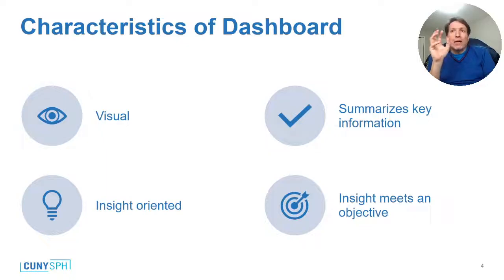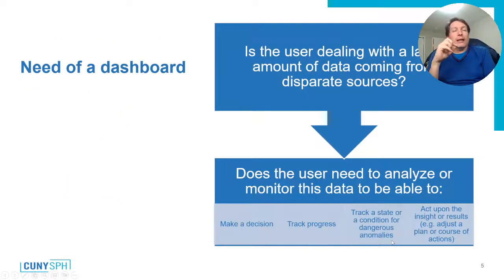It gives an insight oriented to a particular question, and that insight is meeting a particular objective. We already have a task, a question, a particular problem that we want to solve, and we are targeting the answer in that direction.